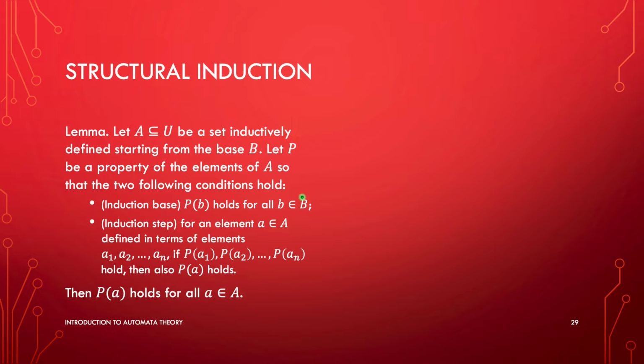On one hand, the property holds for all the elements in the base of A. And on the other hand, for an element A that's defined in terms of some elements A1, A2, ..., An, if the property holds for all of these A1, A2, ..., An, then it also holds for element A. So if you have a property for which these two conditions hold, then the property holds for all elements of A.